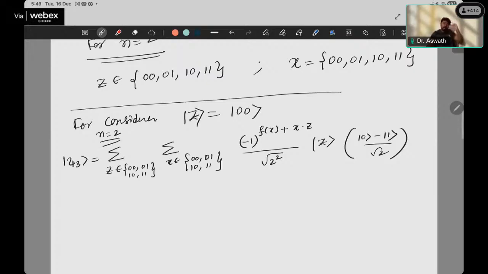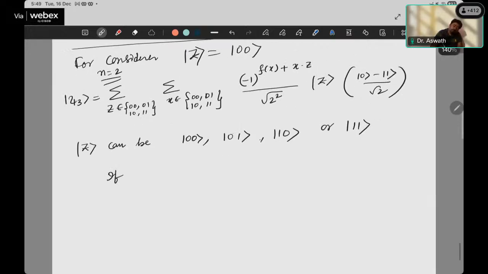Now z can be any of four possible scenarios. What are the possible scenarios? z can be |00⟩, |01⟩, |10⟩, or |11⟩. If z falls to |00⟩, what I mean is, when Alice measures psi 3, it has a query part and an ancilla part.